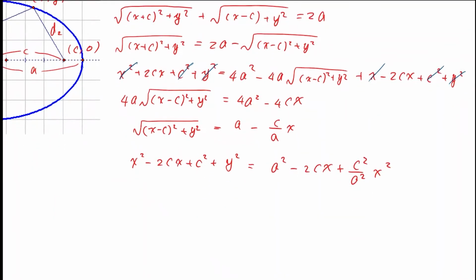Please tell me that's not too much algebra. And some of you are worried, but rest assured, these two cancel. You were worried just a little bit now, right? Bring this thing over, and common factor it here. So what we have is a squared minus c squared over a squared, x squared. Too much algebra?